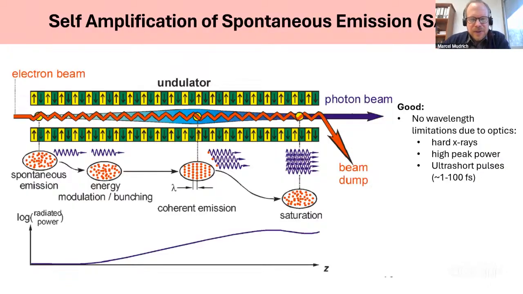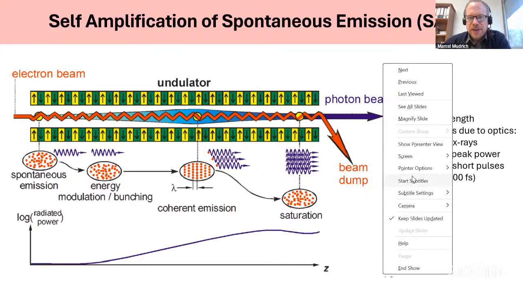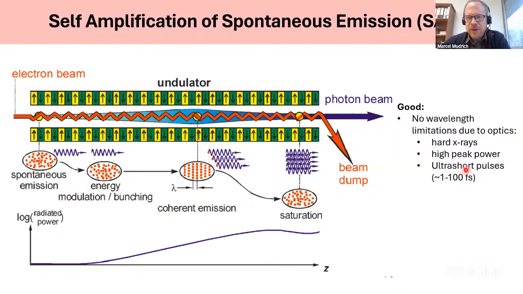So last time we started discussing the SASE principle to generate laser-like activity in an undulator, where the undulator represents the gain medium, just like a laser medium in a conventional laser, like a discharge in a gas laser or an optically pumped crystal in a solid state laser.